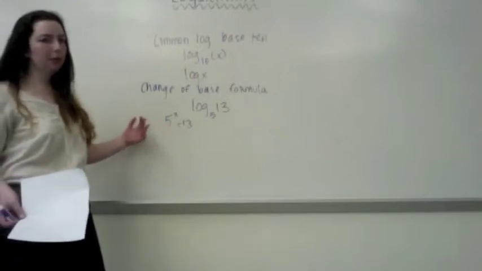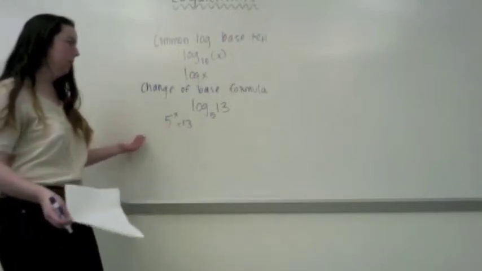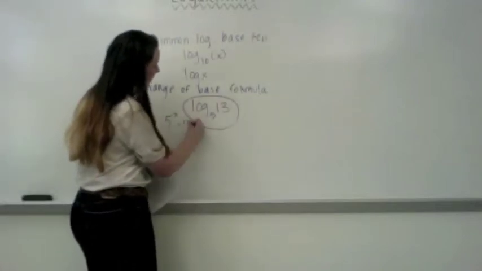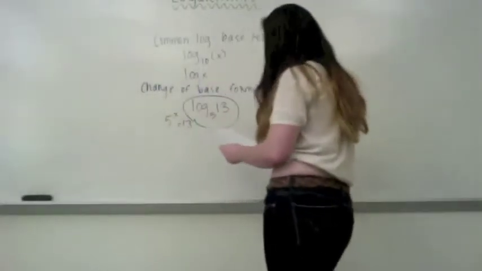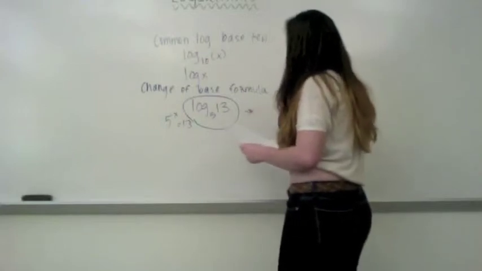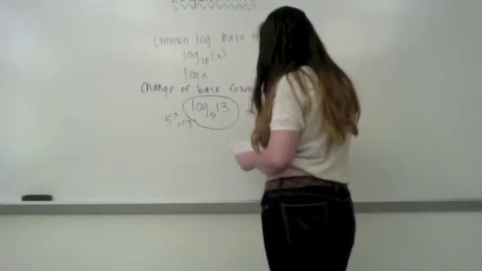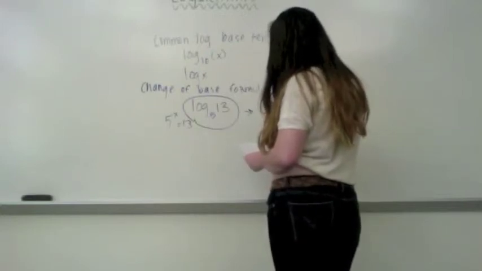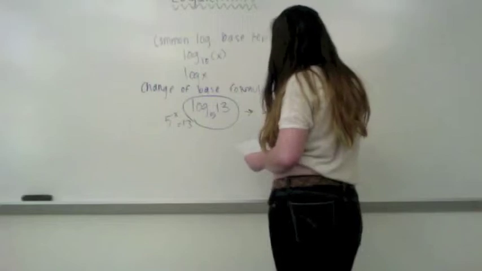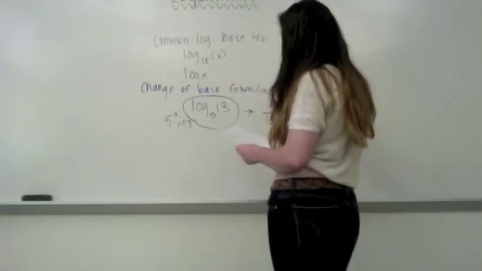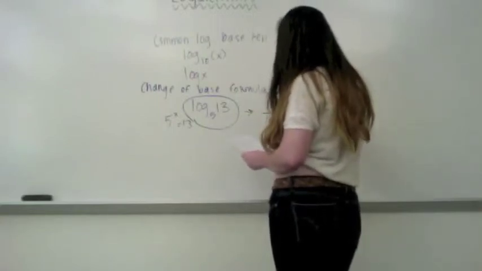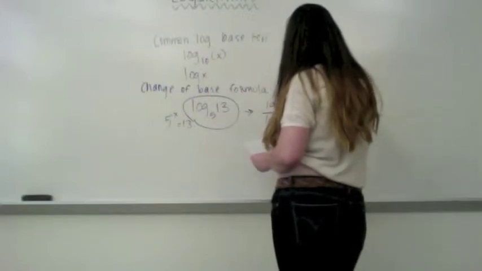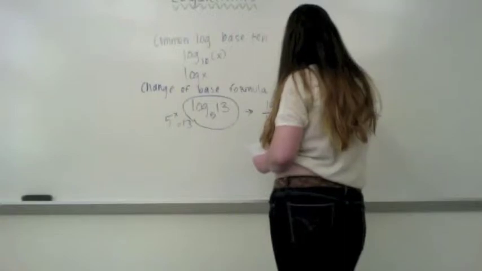So in order to put this into our calculator, which is what we have to do to figure it out, we can rewrite it as log 13 over log 5. And the change of base formula is just that: log base b of x equals log of x divided by log of b.